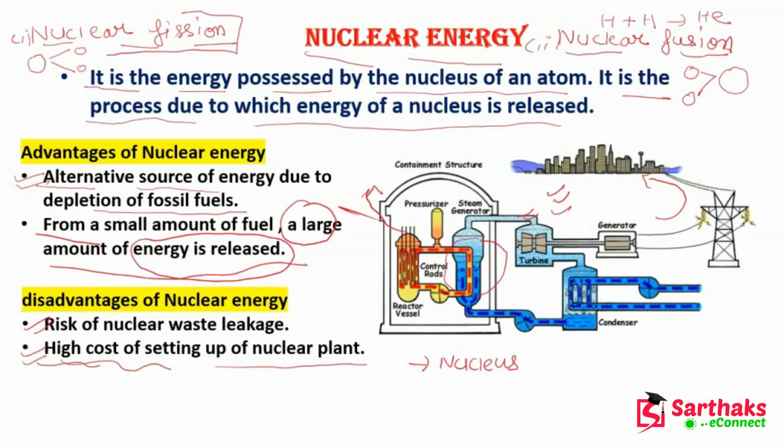If I talk about the disadvantage, nuclear waste is very, very risky to our life. It is cancerous, so it may cause cancer because alpha, beta, gamma radiations are always very dangerous. If there is any leakage in this reactor, it may prove very harmful to us.